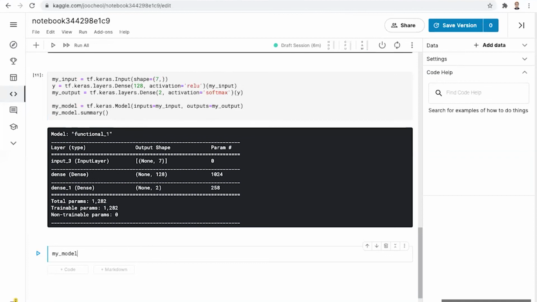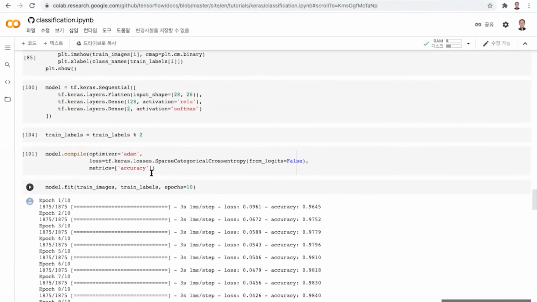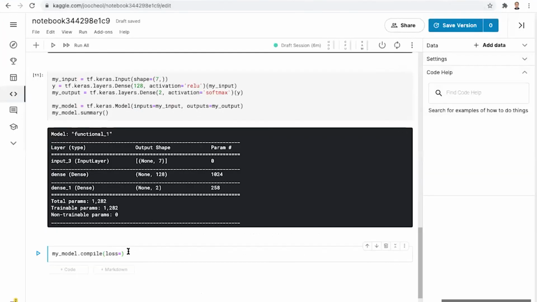So my model.compile, and the loss is, I don't remember. I need to go back to the notes. My loss is this one. Actually, I just wanted to copy all of them, because the compile is actually the same.